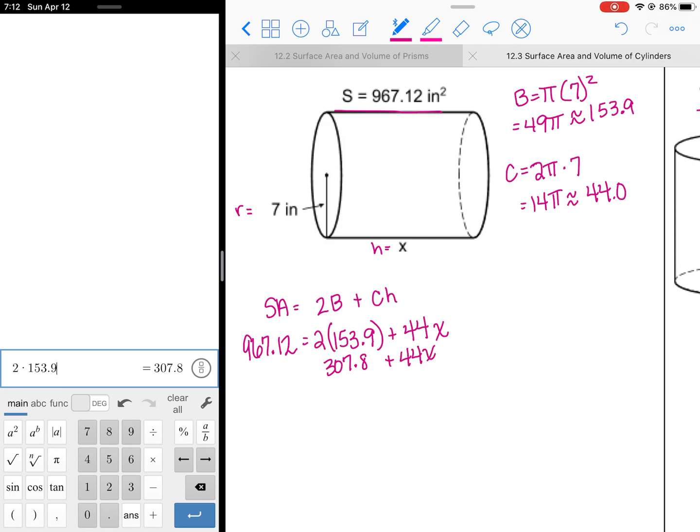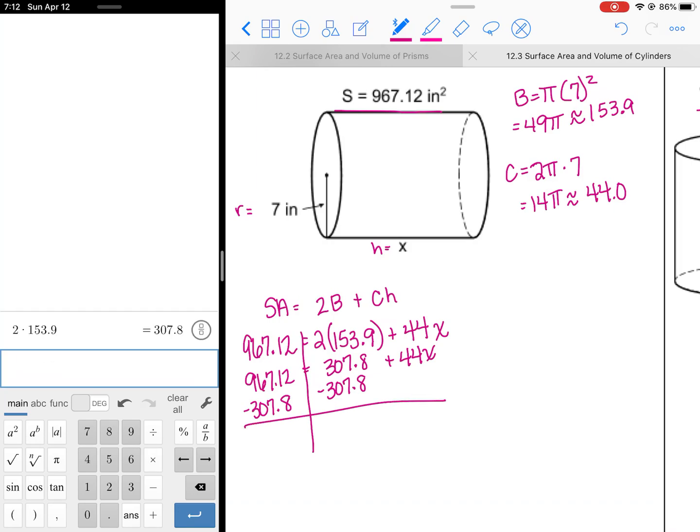So now that I have my equation all simplified, I'm ready to start solving and moving stuff across that equal sign. So I'm going to subtract 307.8 from both sides. 967.12 minus 307.8 gives me 659.32. And I'm going to bring down that 44x.